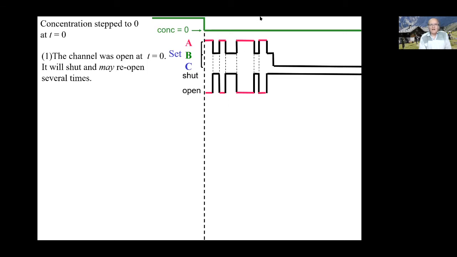So in these diagrams of the sort we've seen before, the upper trace shows which set the channel is in, the lower trace shows what we actually observe. The red bits represent open states. Openings are shown as downward deflections here.